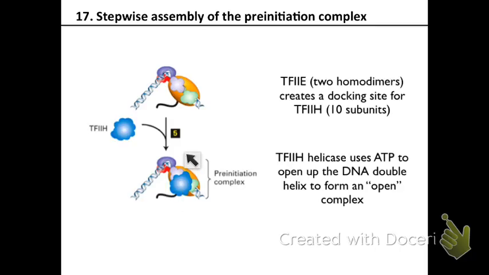And this whole set of proteins with the RNA polymerase sitting on the promoter is what we call a pre-initiation complex. Okay? This pre-initiation complex has TFIIH, and TFIIH has a helicase activity. It uses ATP to open up the DNA double helix to form an open complex, right? It's just like the bacterial transcription. You went from being a closed complex to an open complex, and in this case you used the helicase activity of TFIIH to open this up.